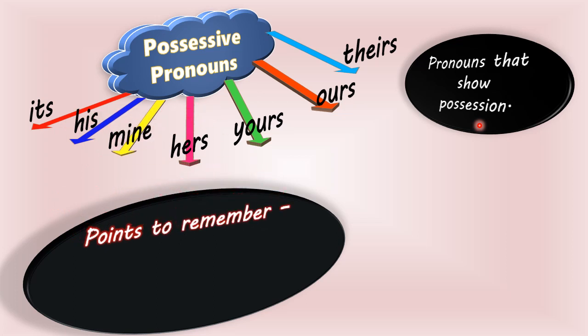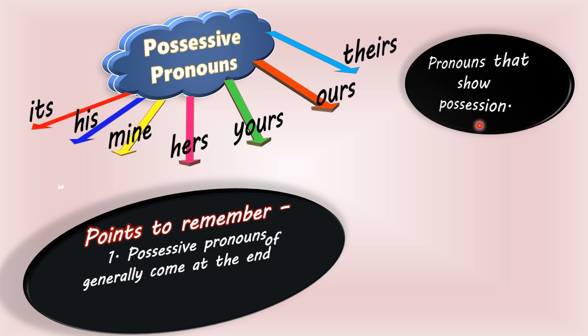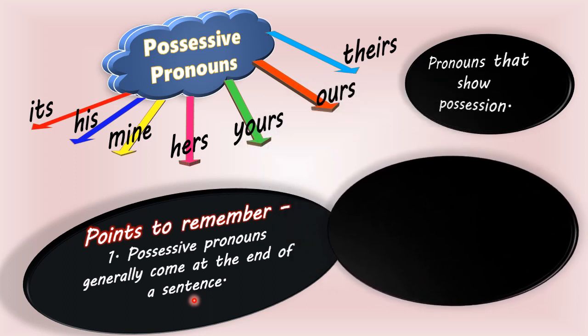The first one is that possessive pronouns generally come at the end of a sentence.